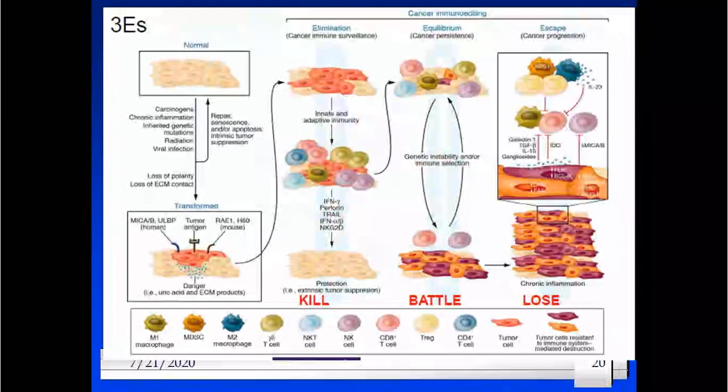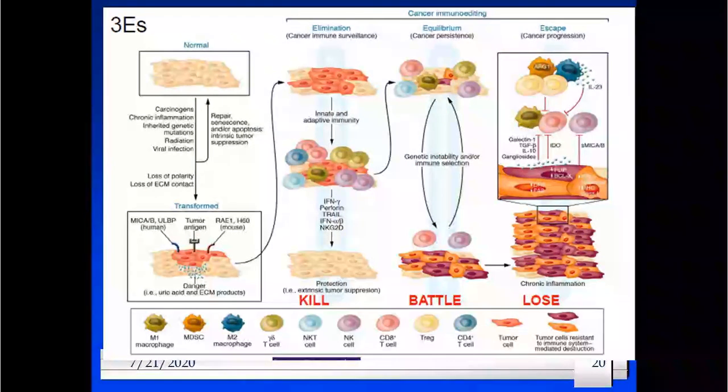The other figure, denoted by 3 E's, also speaks about this cycle in another way. We have 3 E's, which are elimination, equilibrium, and escape, and these conditions represent a battle between immunity and the cancer.